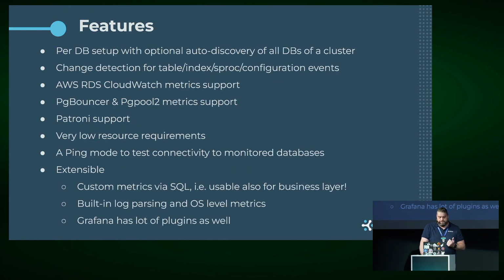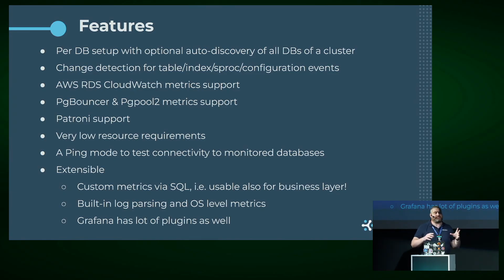Okay, so what else? We can set up auto discovery. Nice feature. For example, you have a database where you or your clients sometimes create new databases, right? You don't want to track all the new or deleted databases every hour.